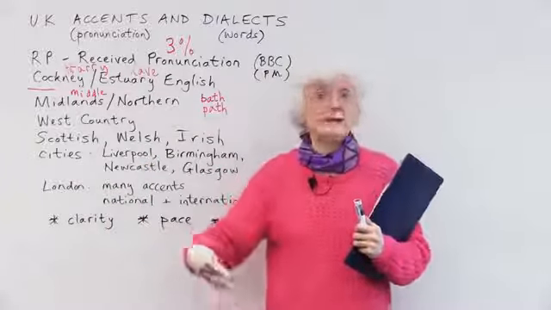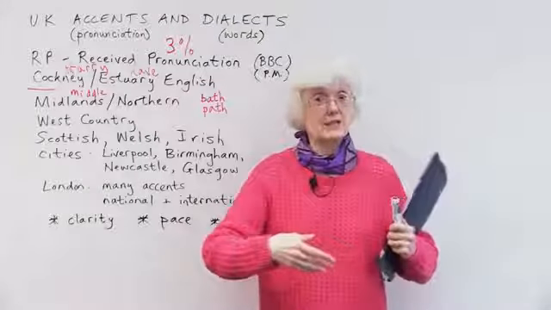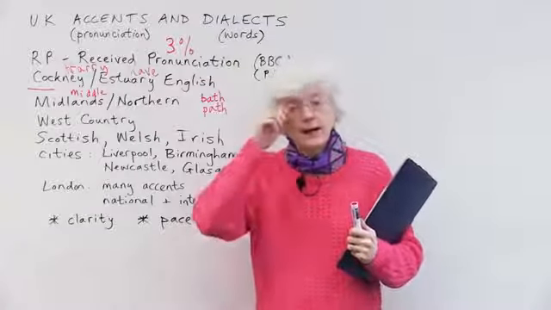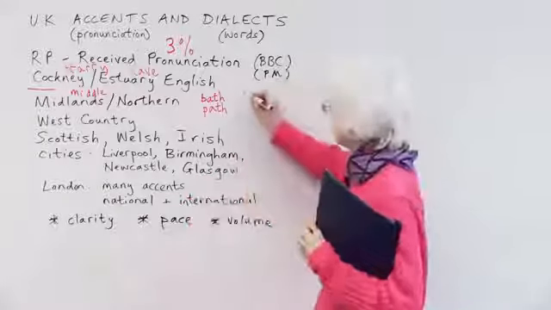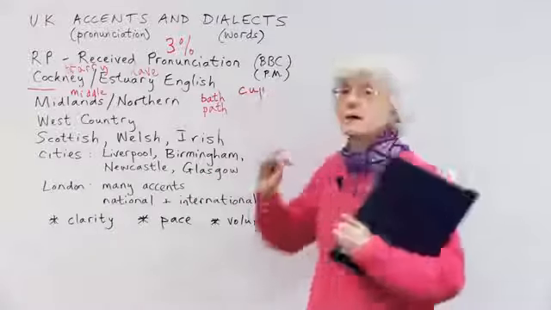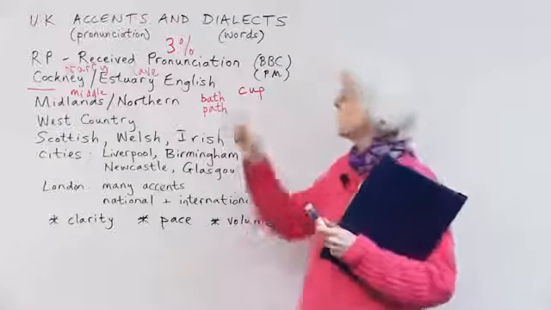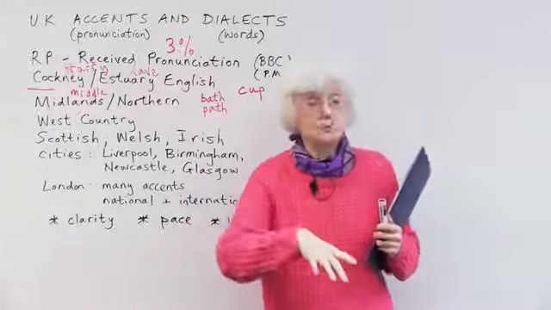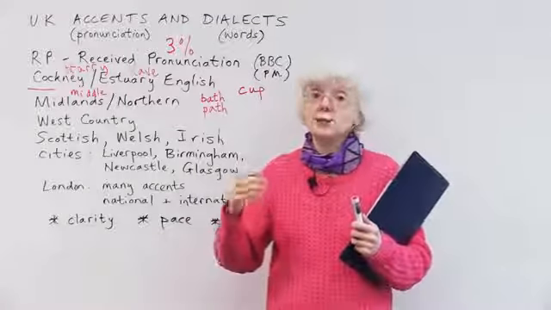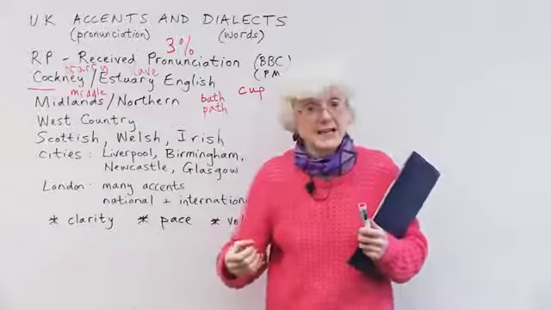But other aspects of my previous accent I have changed. For example, if you have a cup of tea, that's the RP pronunciation, but where I come from in the Midlands, we called it a coop of tea.